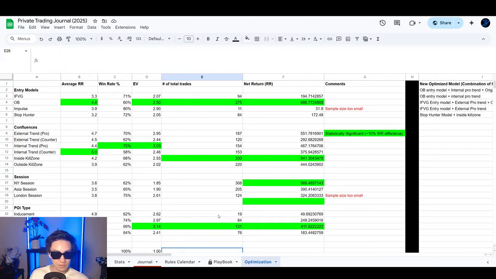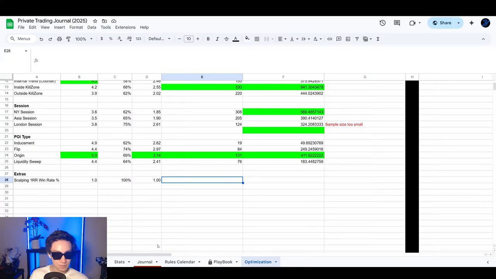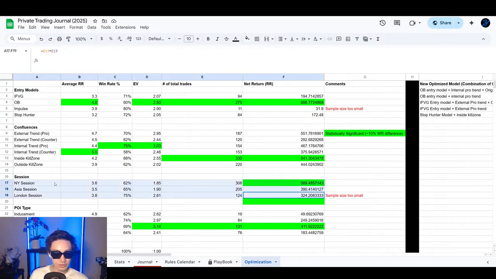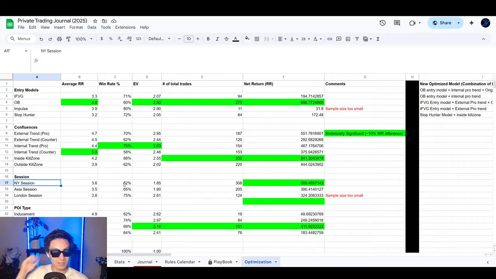All right, so now we've done this, right? We've gone number of trades, we got net return, so we kind of know net return of each entry model with the specific confluences here. So let's say you're trading, you want something optimal, you'd be like, okay, New York session gives me the most number of trades, it saves me time, potentially, not necessarily true, but it gives me the best here.